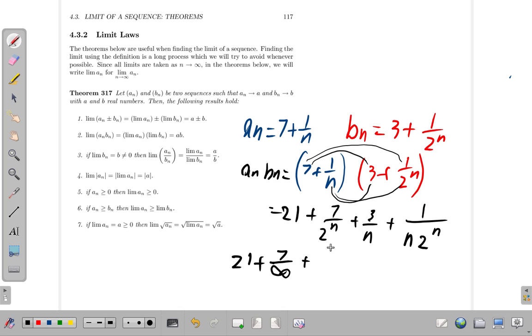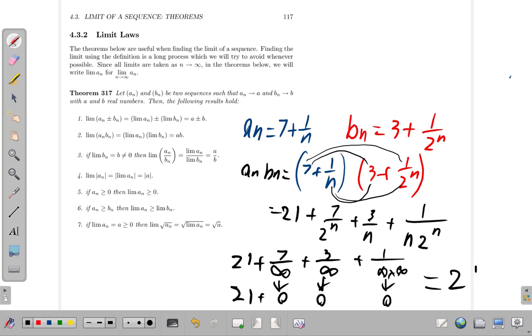Plus 3 divided by n, which as n tends to infinity becomes infinitely large as well, so this is tending to 0, and this is tending to 0. Plus 1 over a very large number times a very large number, so this is 1 over a large number, tending to 0. This is 21. So the result would be 21 here.